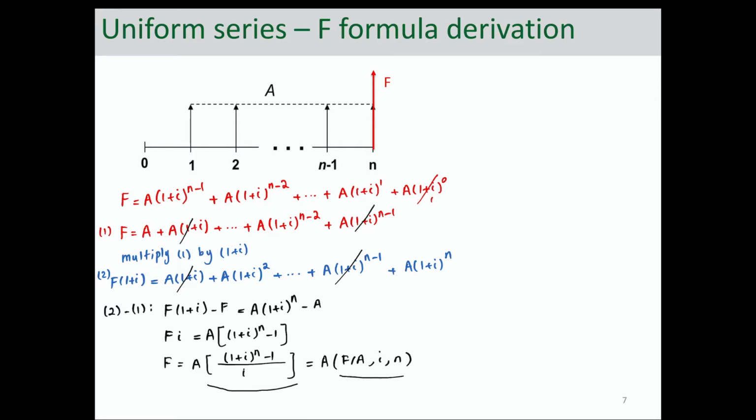And this factor is called uniform series compound amount factor. So this is the formula for computing f in terms of a for specifically a uniform series.